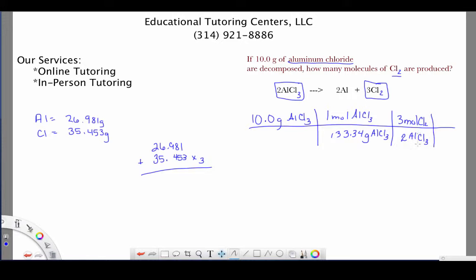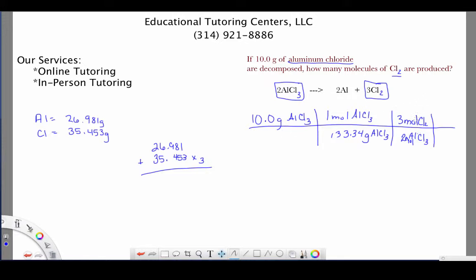Now we won't be finished after we have set that up, and these are moles, because we still haven't solved for molecules, and if you'll notice, we don't have molecules in our ratios that we've set up.